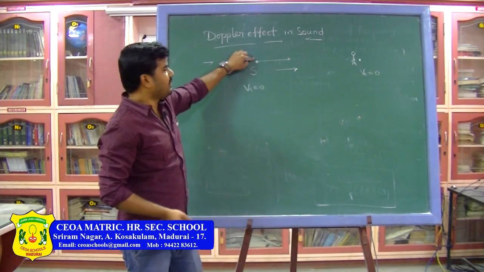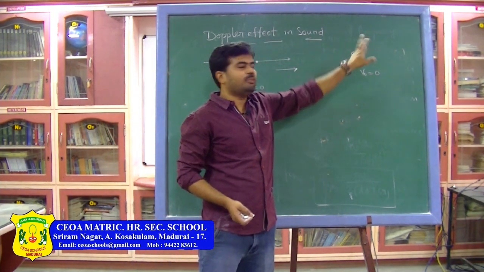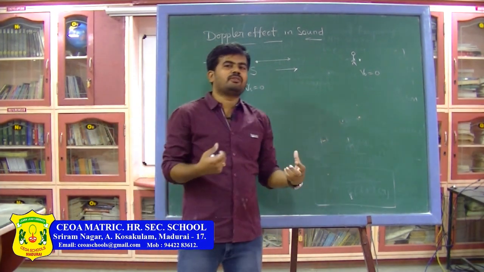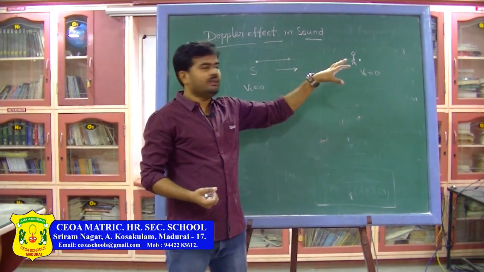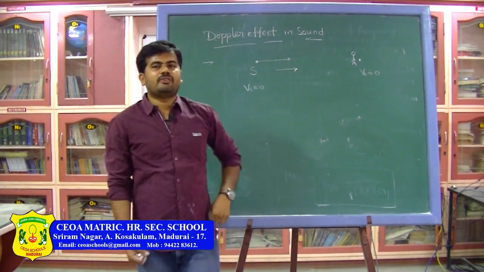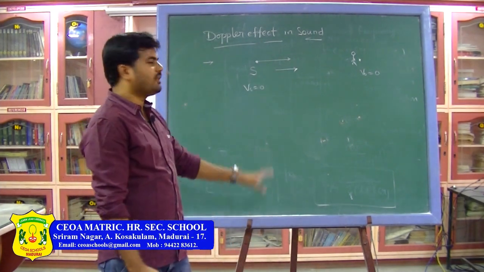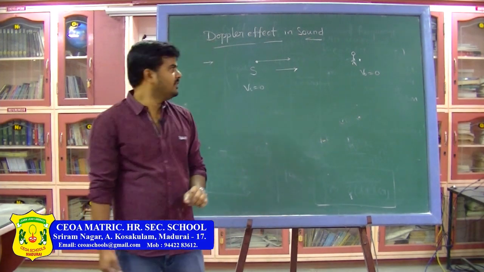So, the source frequency f and the frequency received by him will be different because of relative motion, whether the source and observer are moving towards each other or away from each other. That phenomenon of apparent change is known as the Doppler effect. Now, let us discuss this Doppler effect in each and every case.